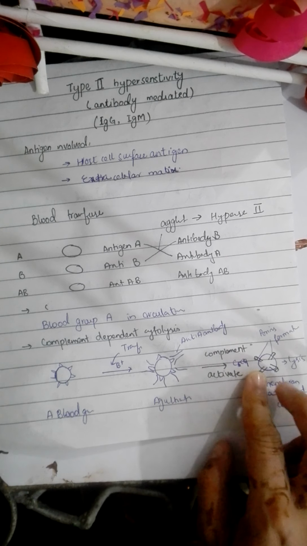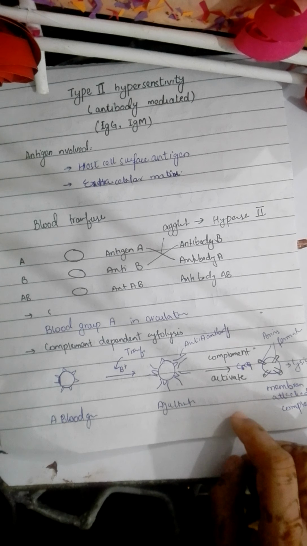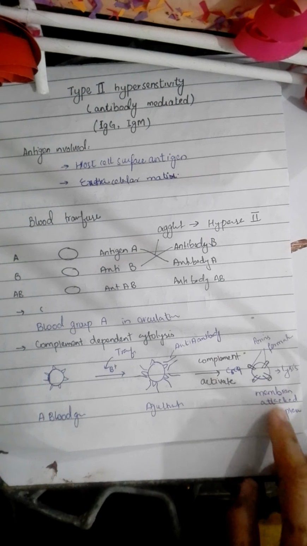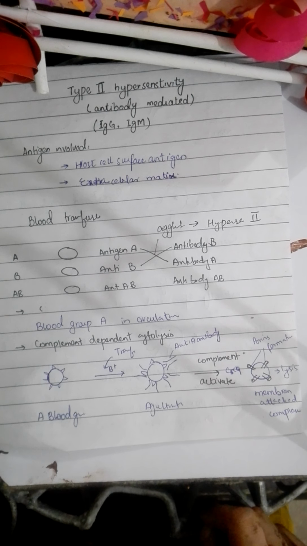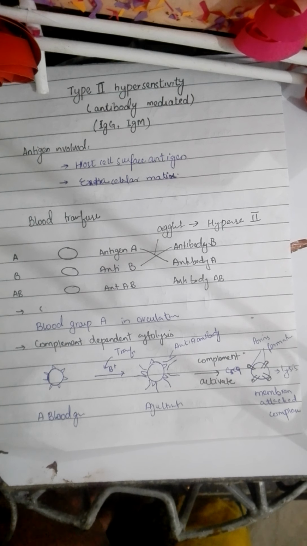Because of the pores, all the materials expel out from the red blood cells. This is also called the membrane attack complex, because they attack the membrane of the red blood cell and cause lysis.